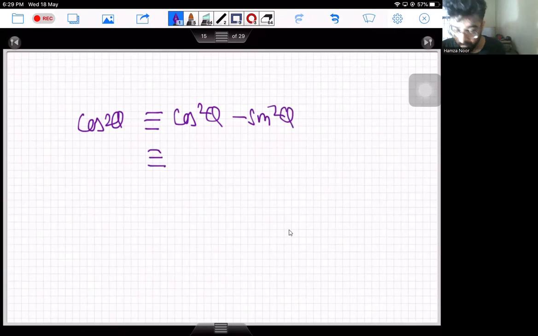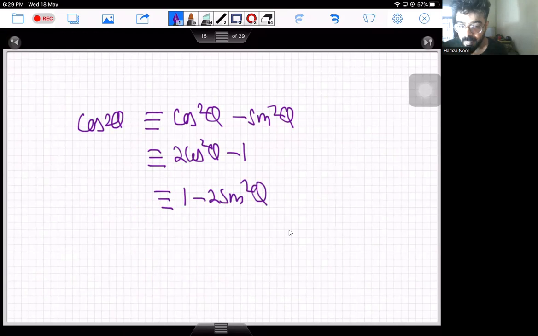Cos 2 theta can also be expressed as 2 cos square theta minus 1. And cos 2 theta can also be expressed as 1 minus 2 sine square theta. So in place of cos 2 theta, we can write 1 minus 2 sine square theta. So we will make sine square theta the subject of the identity so that we can get something in terms of cos 2 theta.